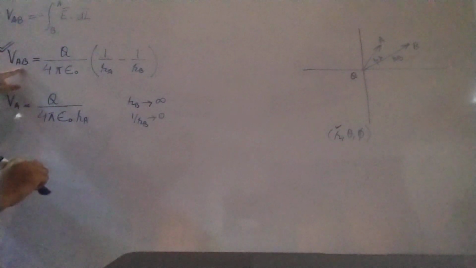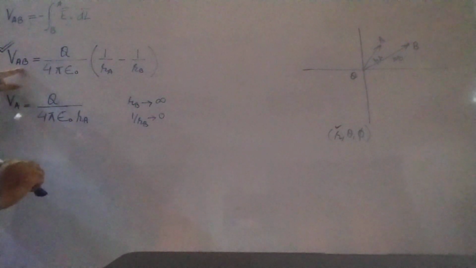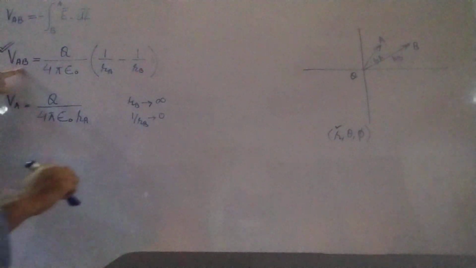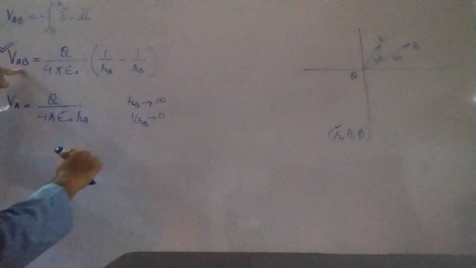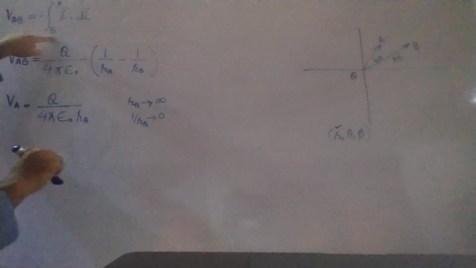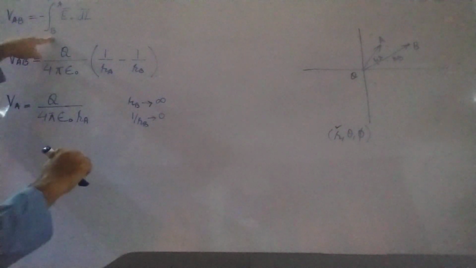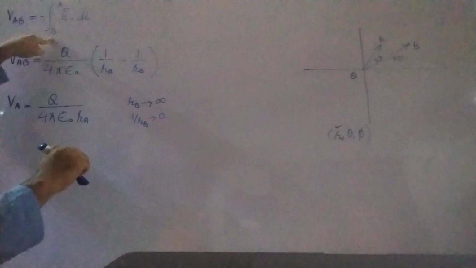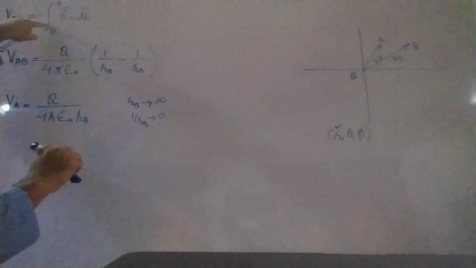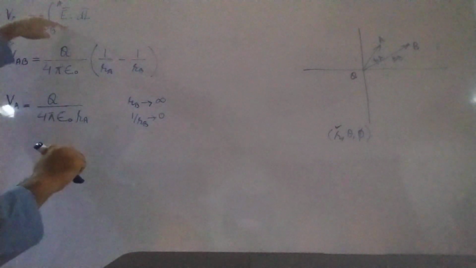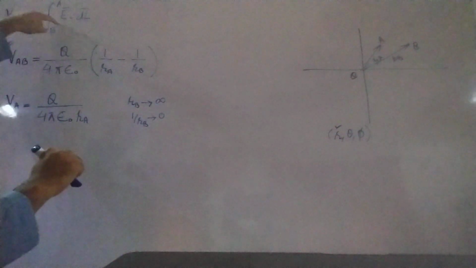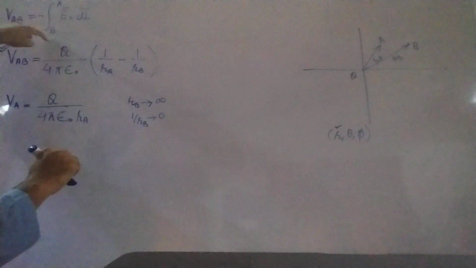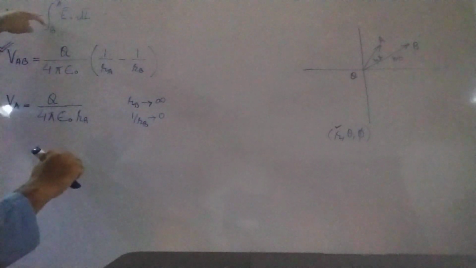But if you want to know the absolute potential at any point within the field of the same point charge located at the origin, in that case we know that the initial point should be at some reference point where the potential is 0. The absolute potential of point B should be 0, and theoretically this point is at infinity.